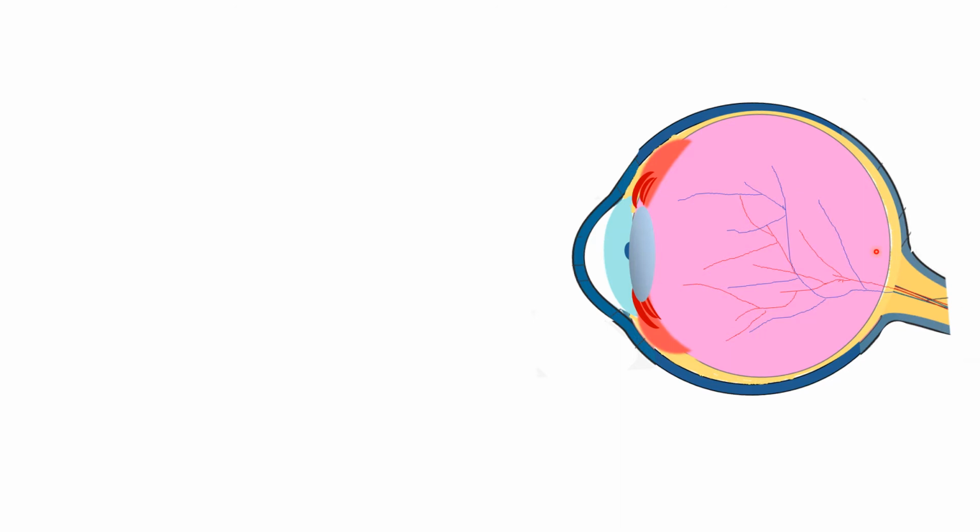Now when the eye looks at a close object. Suppose the object is very near to the eye, that means at the least distance of distinct vision. Suppose the object is placed at the least distance of distinct vision, that means here at the distance of 25 centimeters for the normal eye, then what will happen?